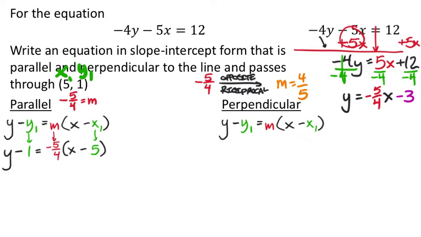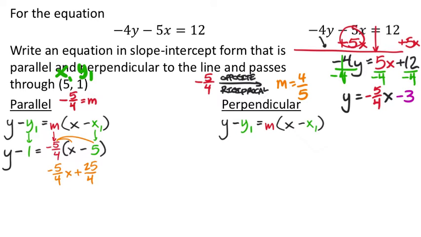I'm going to distribute the negative 5/4 here. That's going to show negative 5/4 x. And then negative 5/4 times negative 5 should be positive 25/4. I'm going to keep the fraction there.